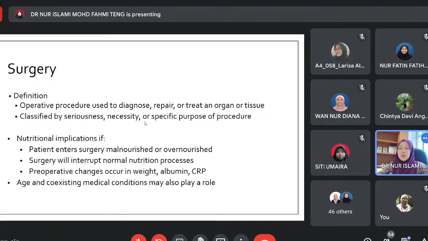The elderly or very young babies, and patients who already have chronic diseases, NCDs, or cancer, may also be at high risk.